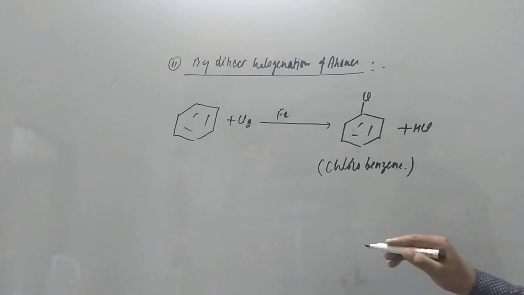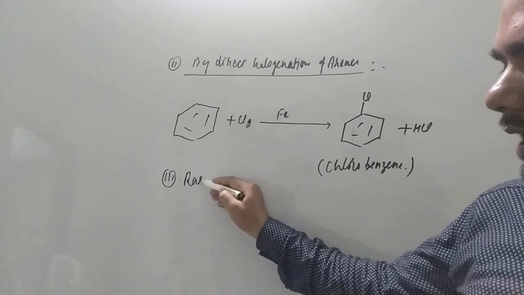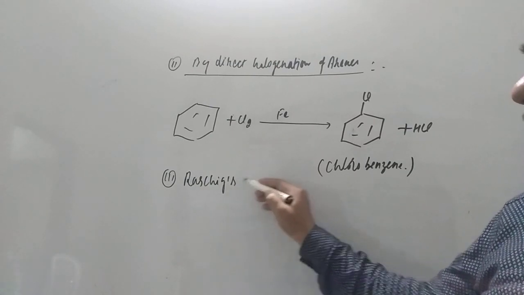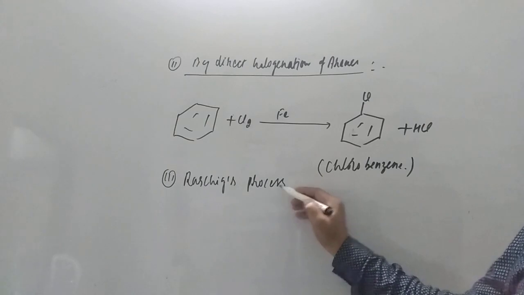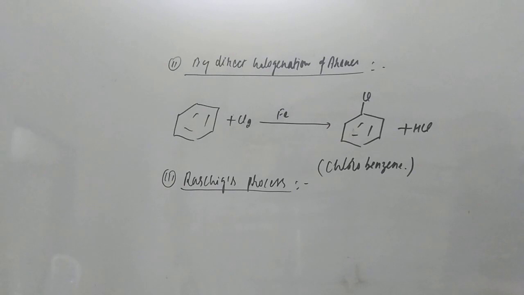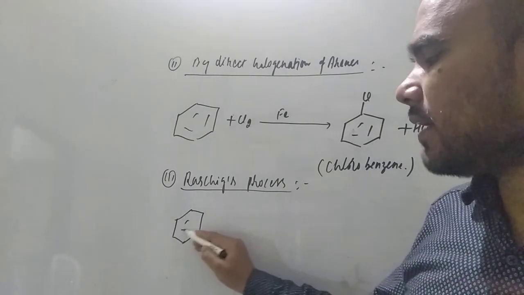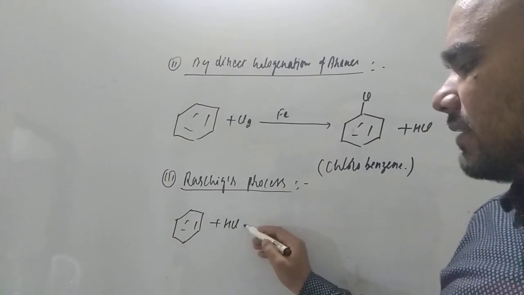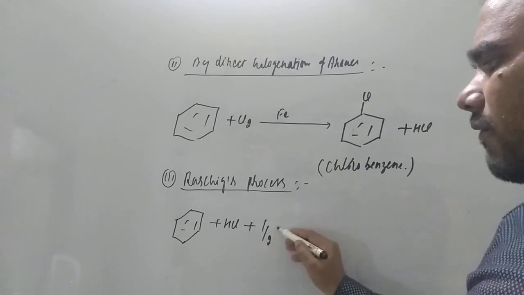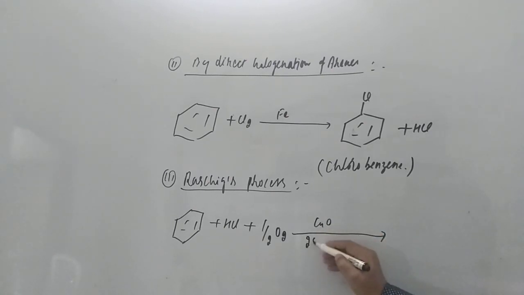Next is the Raschig process, the third method. Students, this is also important for JEE, it is not in CBSE. Benzene is treated with HCl and half a mole of oxygen, in the presence of the reagent CuO, at 25 degrees Celsius.